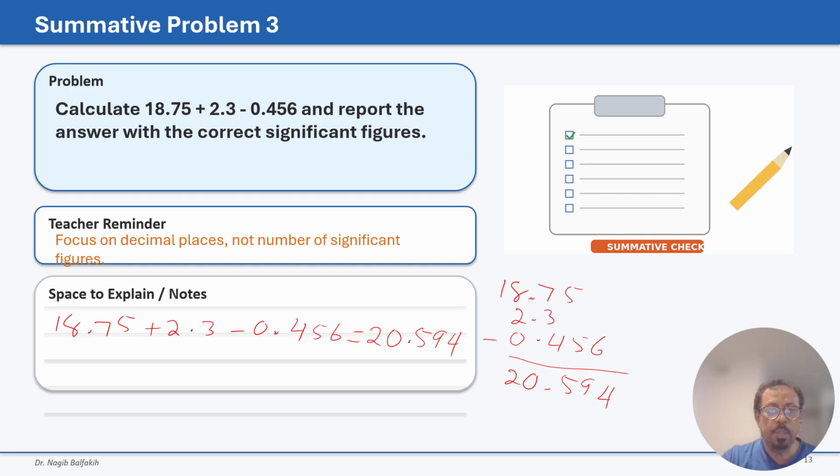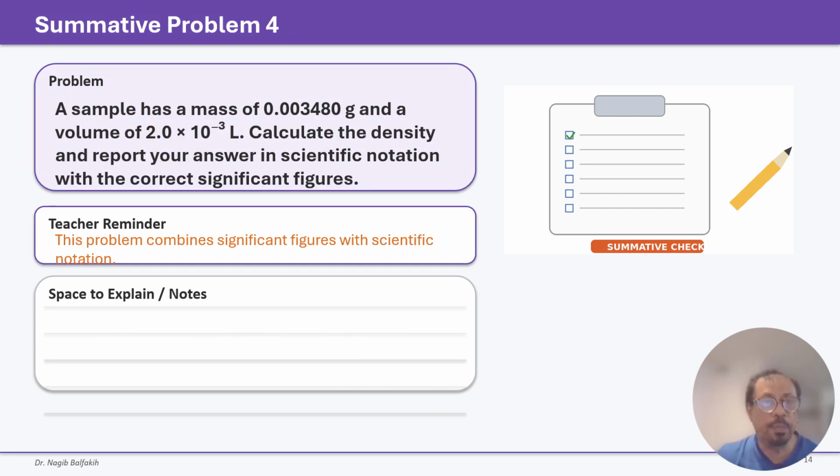Now, which one has the fewest decimal places? Clearly, we have only one digit after the decimal point, so we're going to end with 20 point. Now it's supposed to be 5, but here we have 9, higher than 5. We're going to round it up to 6. So this is the final answer, 20.6.